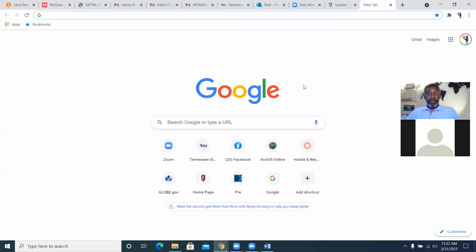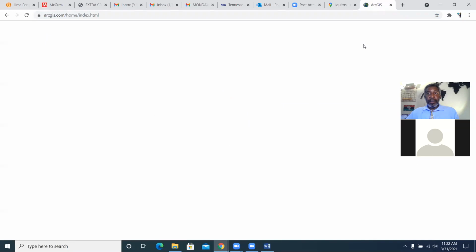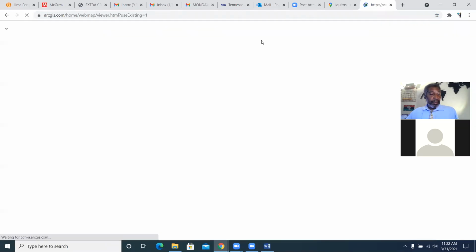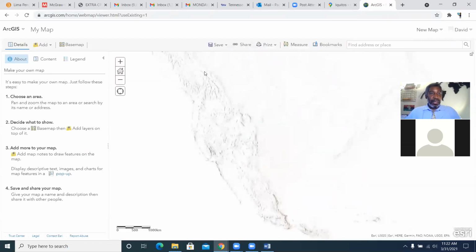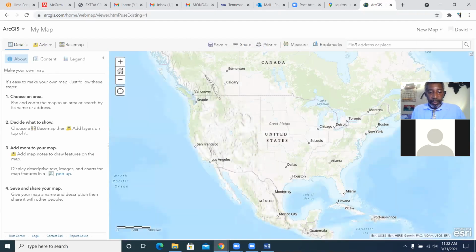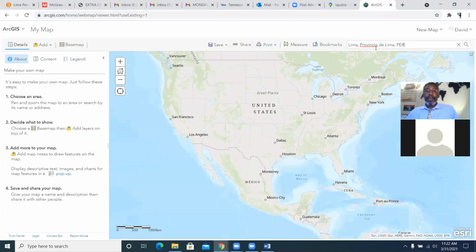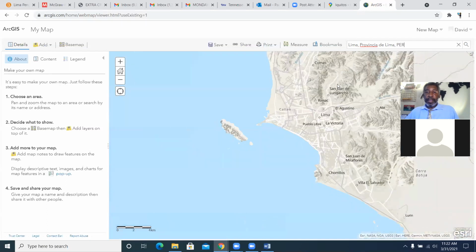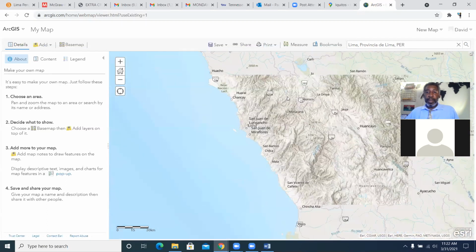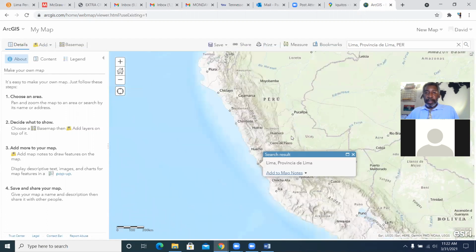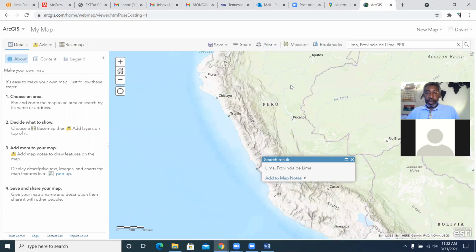We delved into ArcGIS Online. Again, this is just reviewing from last time. And when we looked at ArcGIS Online, we went to Lima, Peru, and made note of the fact that Lima, Peru is in relative close proximity to Iquitos, Peru.